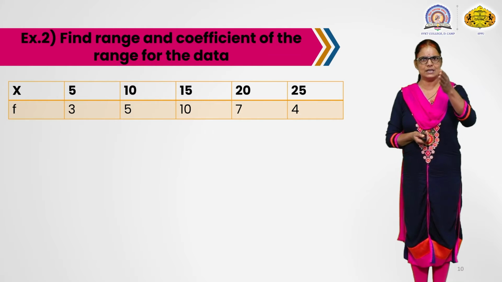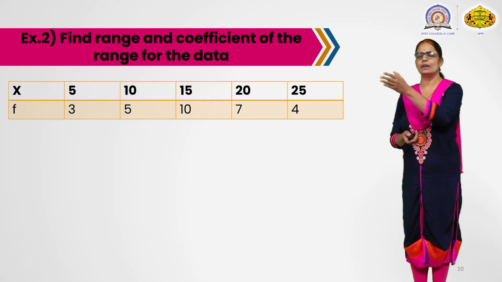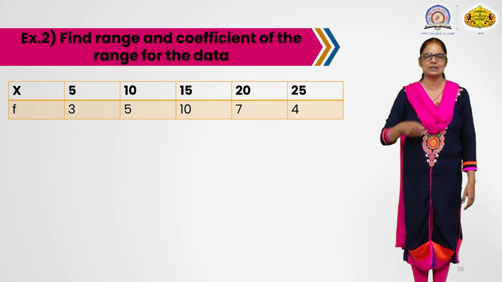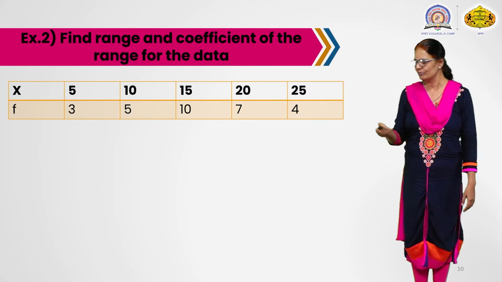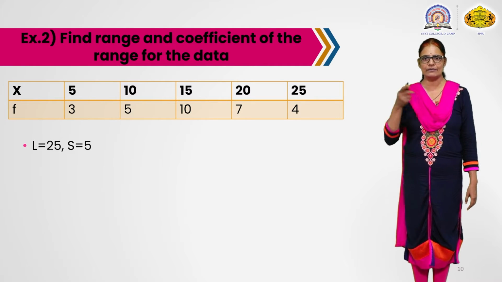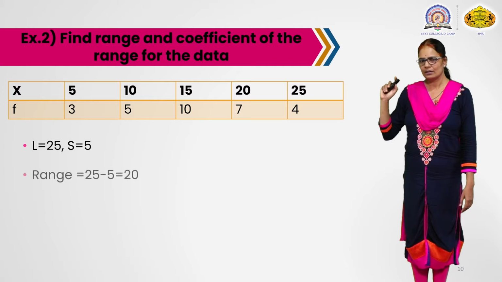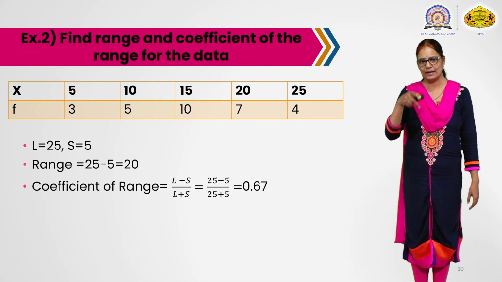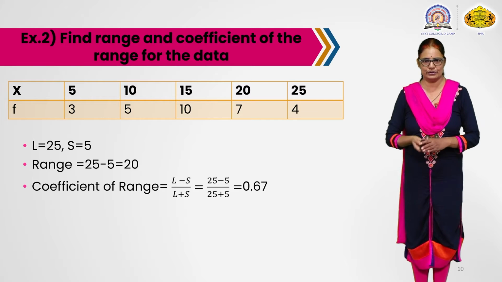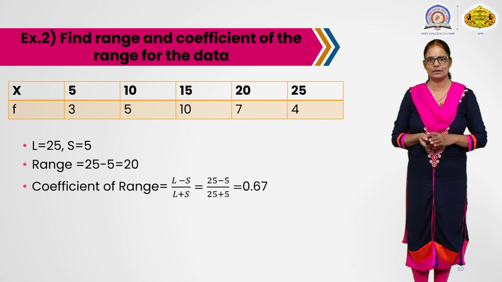The observations are 5, 10, 15, 20, 25. You can easily observe that the largest observation is 25 and the smallest observation is 5, so L is 25 and S is 5. Use the formula again, put in the values and calculate the range and the coefficient of range. It is very easy to calculate.